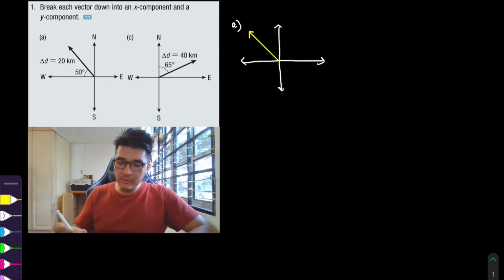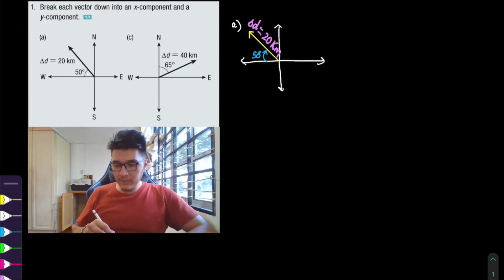The first vector that we're given, they give us the angle is 50 degrees, and the length. Notice that there's no arrowhead, so there's no hat on top of the delta D. So the scalar portion is 20 kilometers.